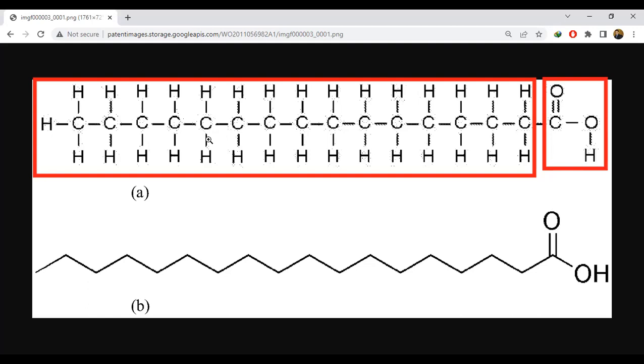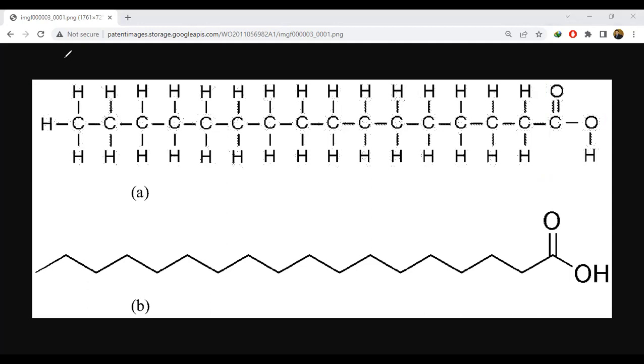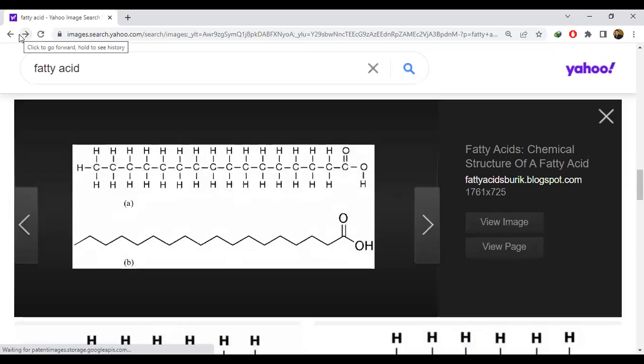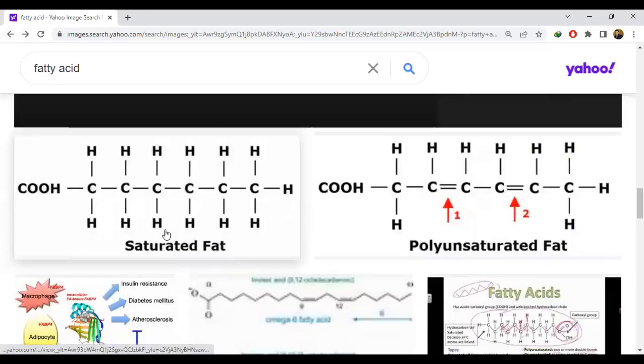Now remember, as I told you, the carboxyl group is a polar part or non-polar part? Polar part. But the hydrocarbon chain is a non-polar part. The majority is non-polar, so overall the fatty acid will be a non-polar component.